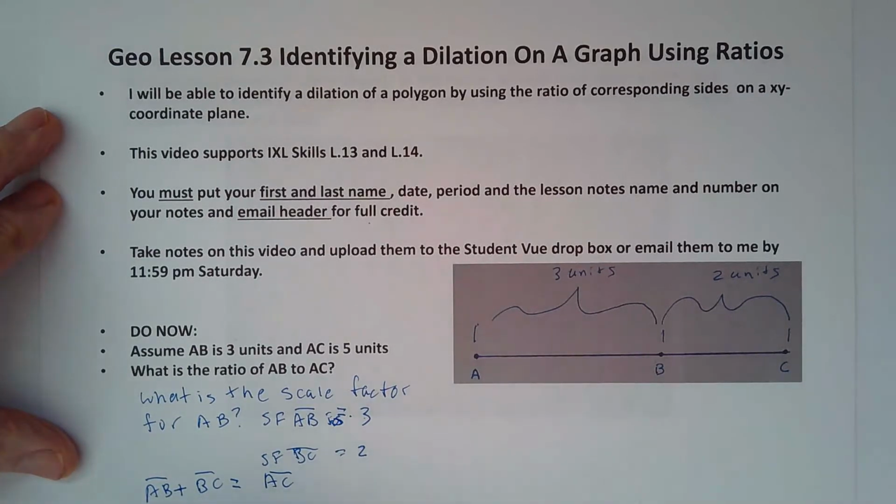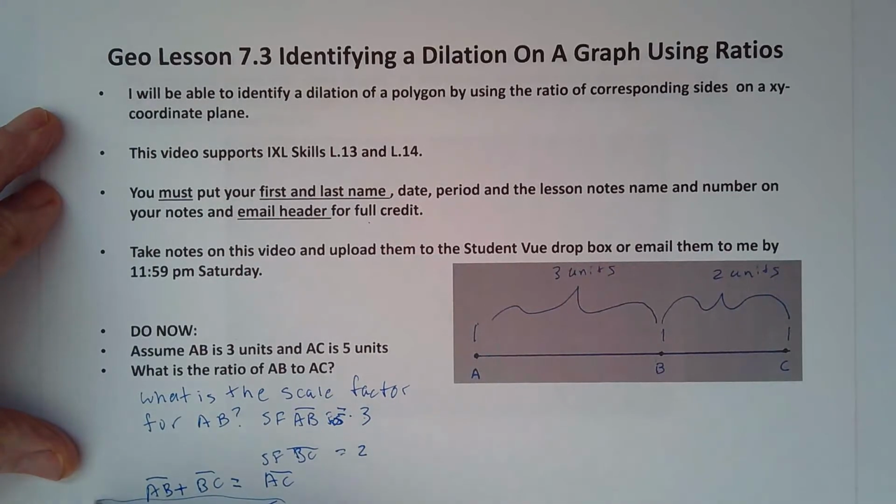So the scale factor of AC has to equal 3 plus 2, which equals 5. So the scale factor is 5.